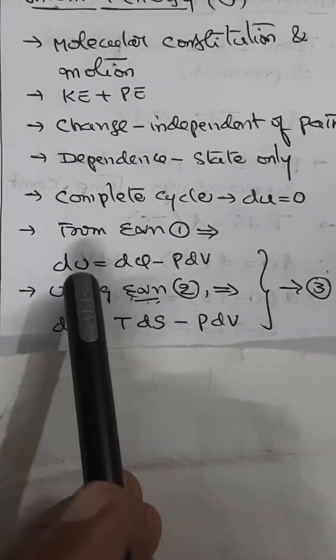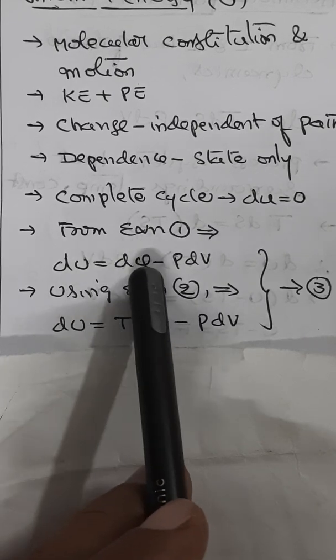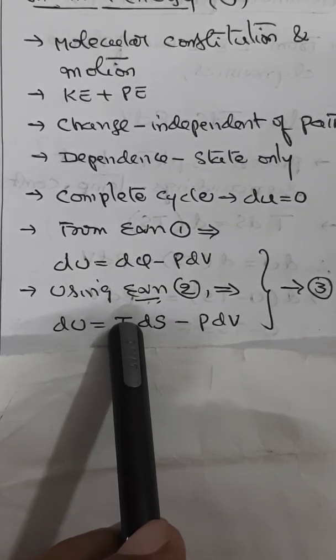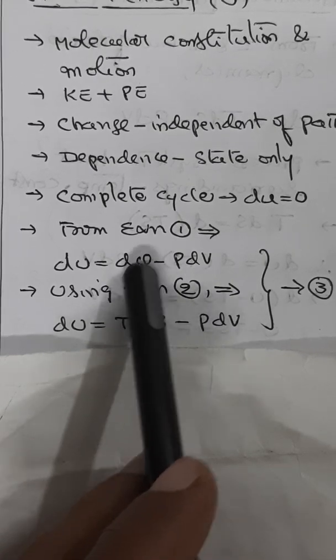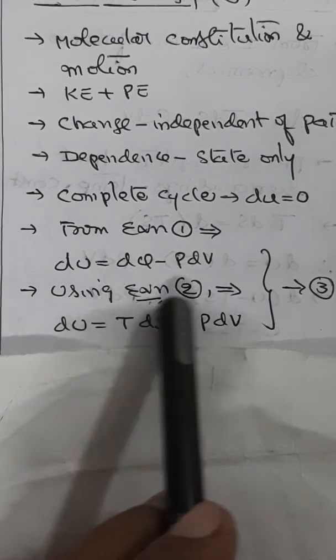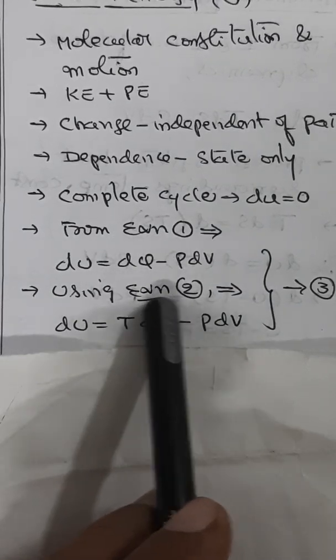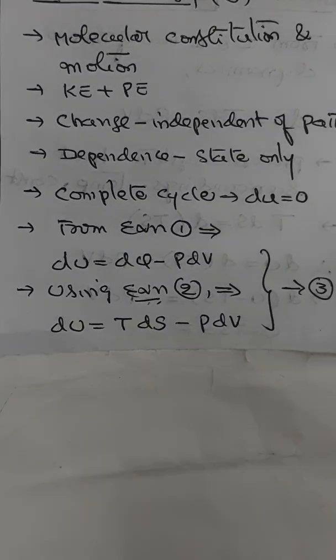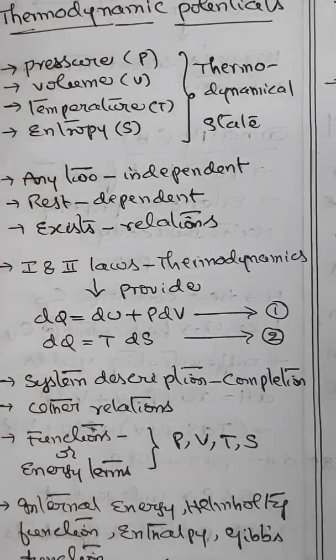Let us identify the change in internal energy, already given by the equations known to us. From equation 1, du is equal to dq minus pdv. Similarly, du equal to tds minus pdv. Let us together call it equation 3. This is from equation 1, and this is from equation 2. We are calculating the du value. Let us go back and recollect.